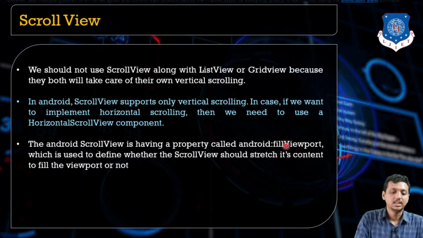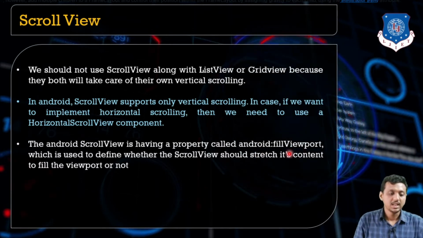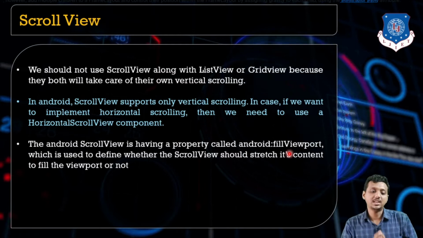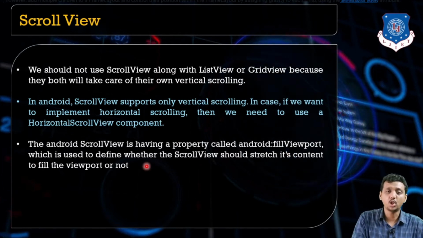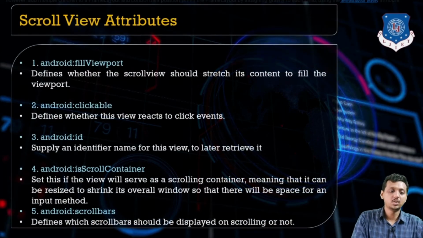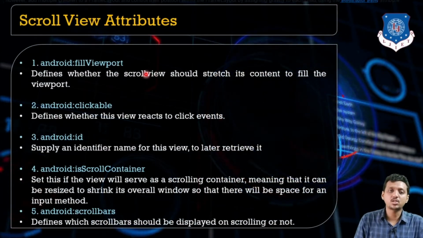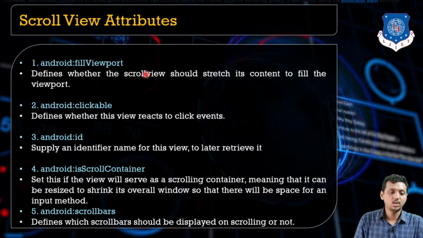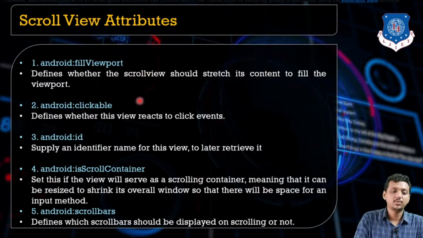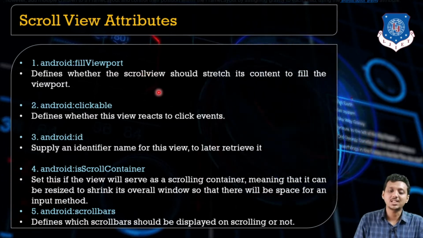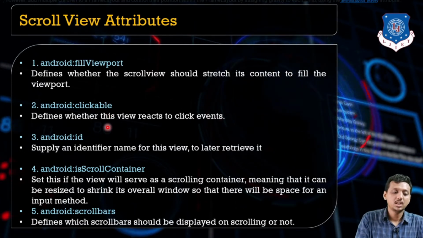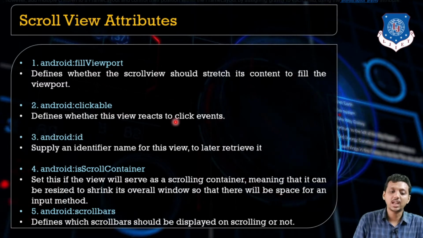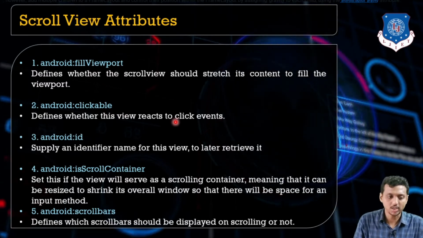There is a property called android:fillViewport, which is used to define whether the scroll view should stretch its content to fill the viewport or not. Now, here are some attributes of the scroll view. The android:fillViewport defines whether the scroll view should stretch its content to fill the viewport or not. Clickable defines whether this view reacts to click events or not.